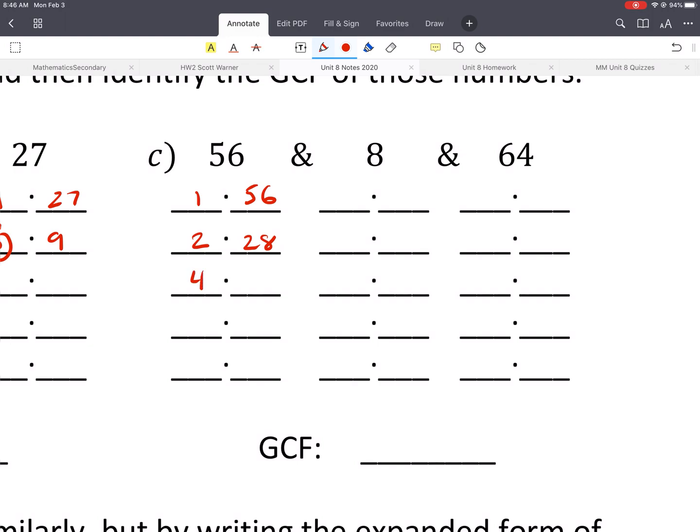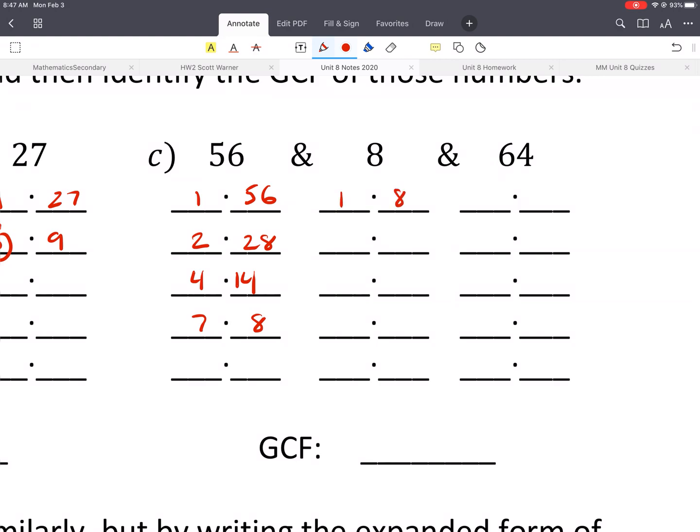That does, so 4 and 14. 5 doesn't go in. 6, 56 divided by 6, that doesn't work. 7, I think it's 7 and 8. So 7 and 8, and then here we've caught up to where we were before. So next would be 8. We already have 8, so we're good. We're done.